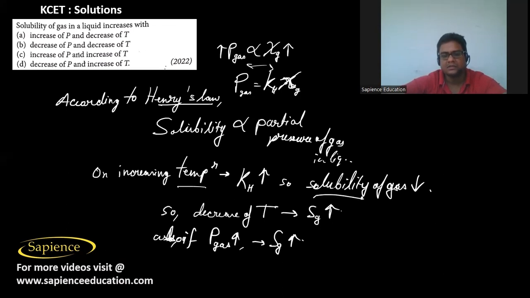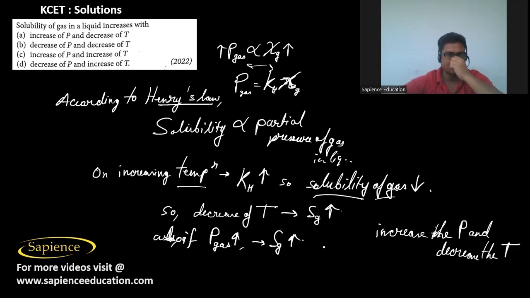It means the solubility will increase. So we should increase the pressure and decrease the temperature, and only then will the solubility of the gas in the liquid increase. So option A is the correct answer.